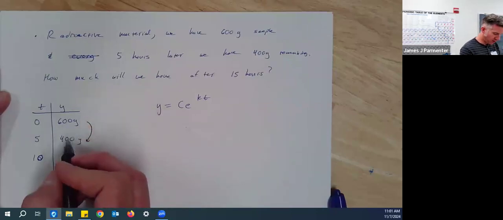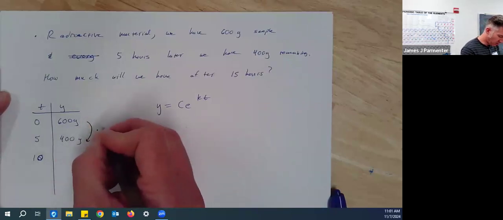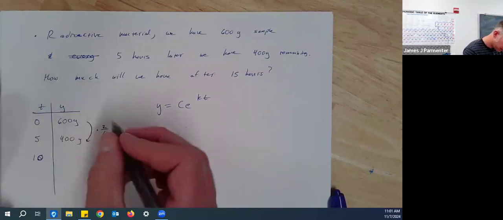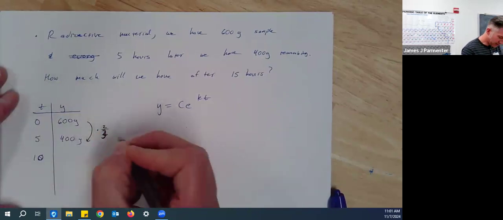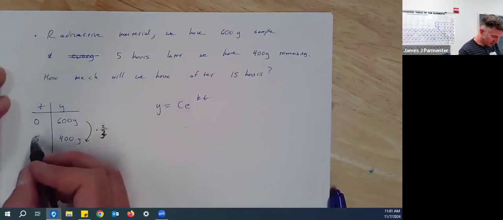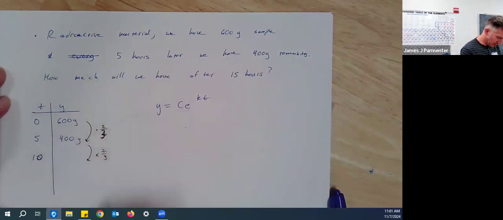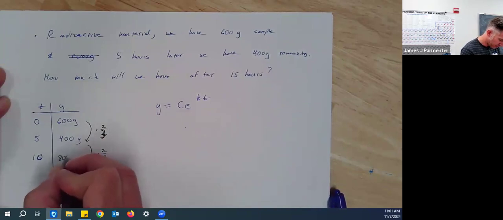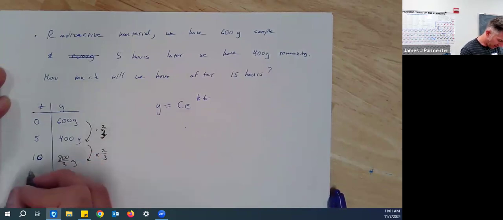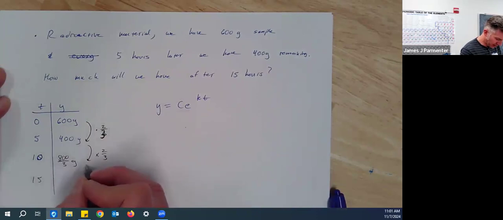So to go from 600 to 400, I multiply by 4 over 6, which is 2 over 3. And the same thing's going to happen here. 5 hours later, I'm going to multiply by another 2 over 3 and get 800 over 3. And another 5 hours later, I'm going to multiply by another 2 over 3 and get 1600 over 9.